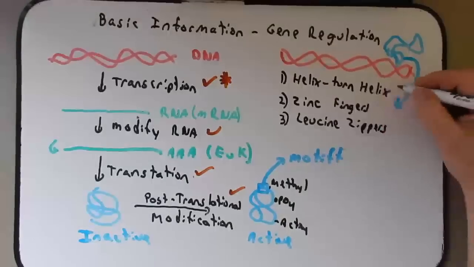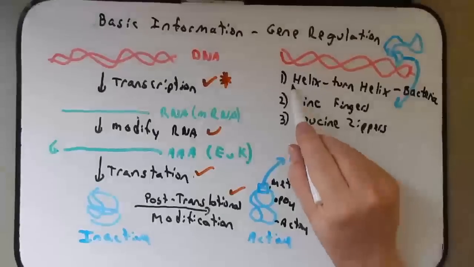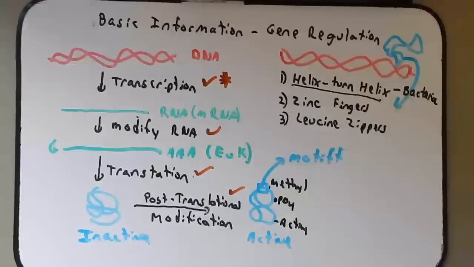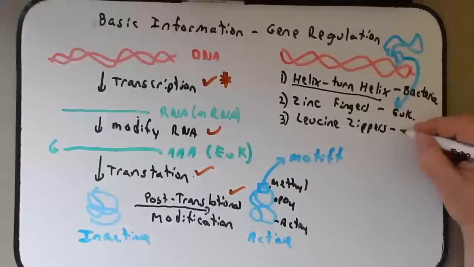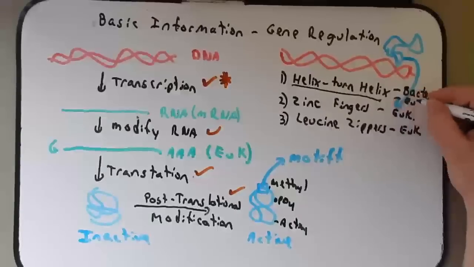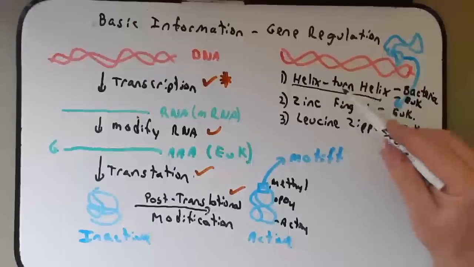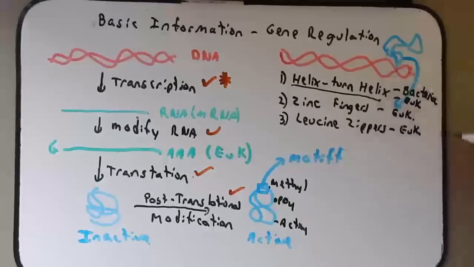The only thing else I want you to know on these is that bacteria primarily use these helix-turn-helix motifs. There are similar helix-turn-helixes in eukaryotes as well, but I would like you to know that bacteria primarily use these helix-turn-helixes in their proteins to bind to the DNA.